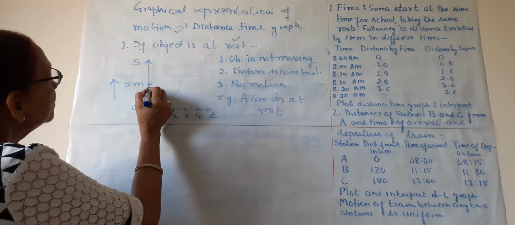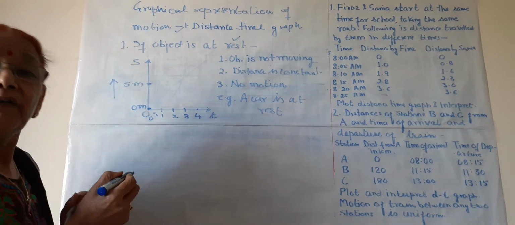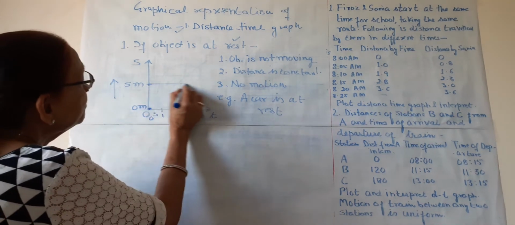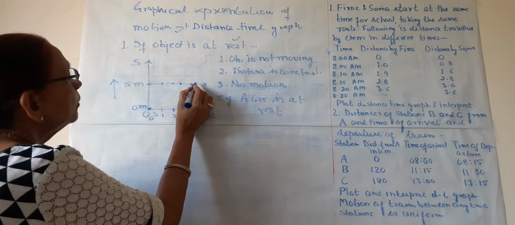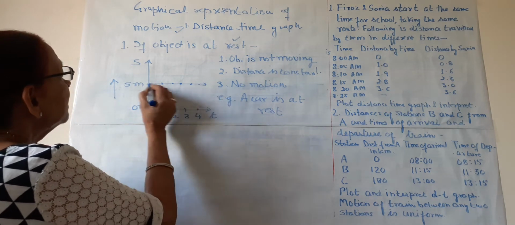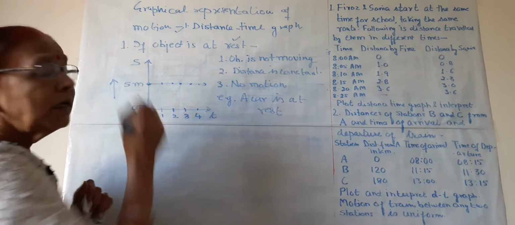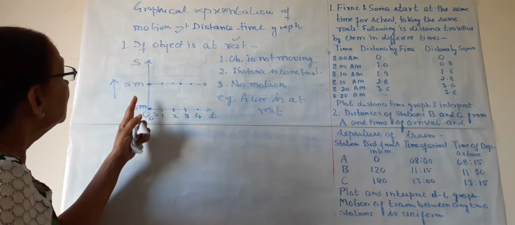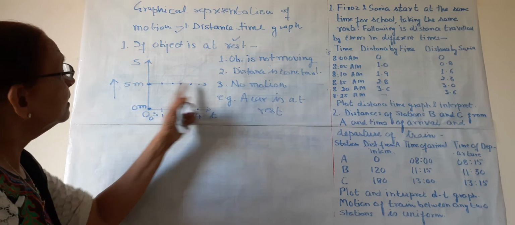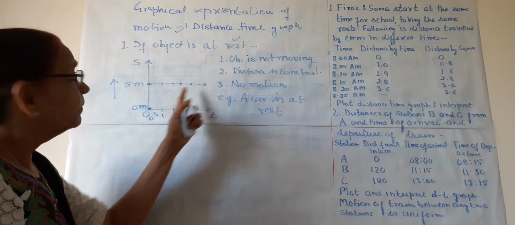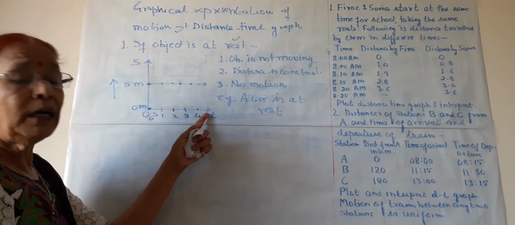So suppose at 0 seconds it is at 5 meters. Then the time goes on increasing. At the first second, second, third, fourth, fifth second, all the seconds the car is at 5 meters. It is not moving. So this may also be the case, a horizontal line which is parallel to the axis.